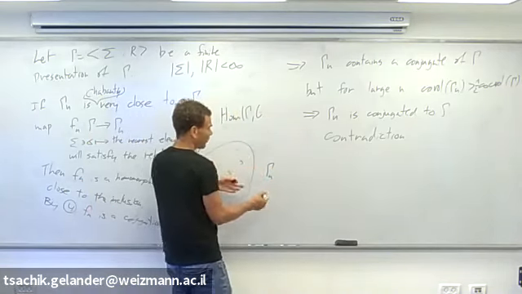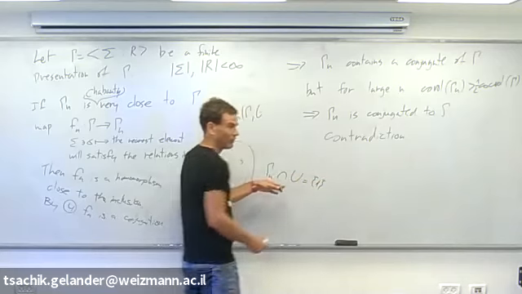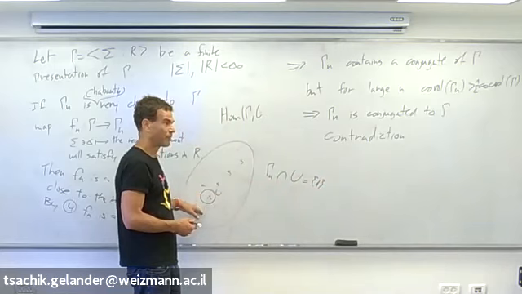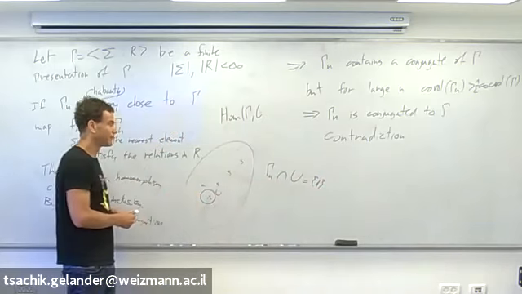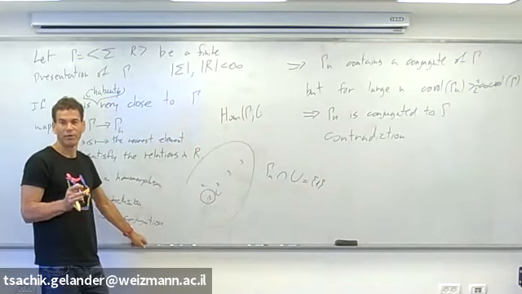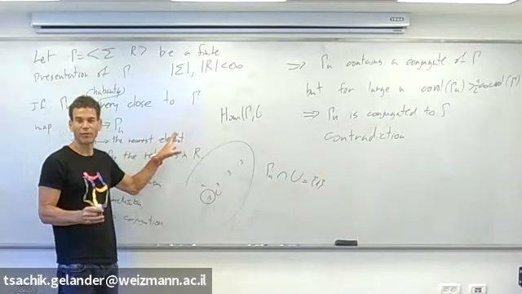By Kazhdan-Margulis, we can conjugate each of them such that they miss the U. So gamma n misses U, for any n. This is the same U for any n. The U is just from Kazhdan-Margulis.